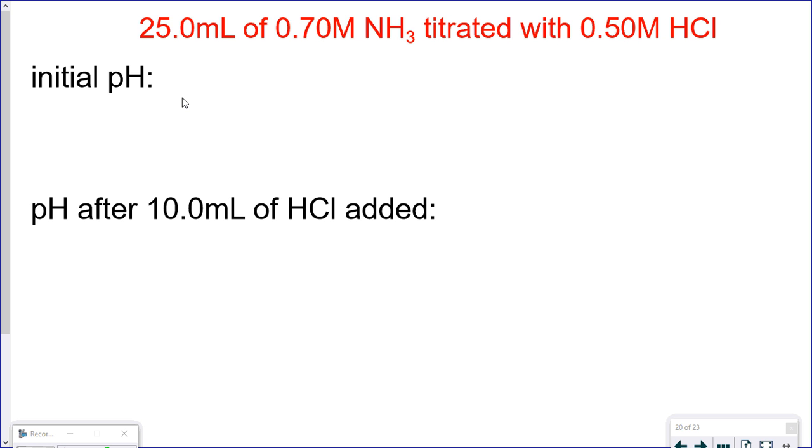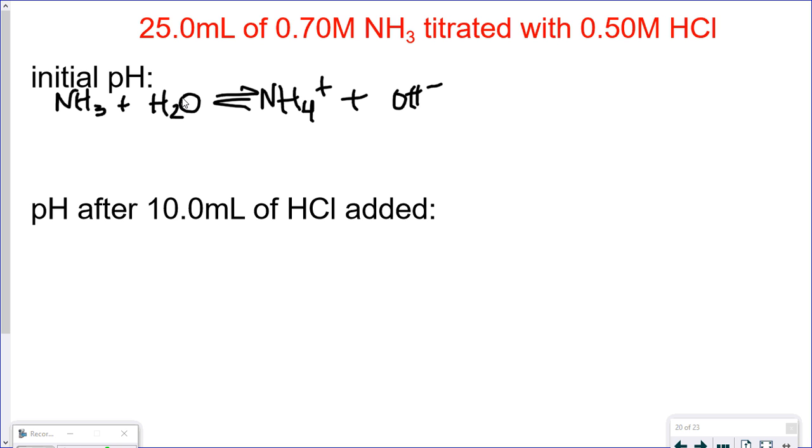We have ammonia in water, producing ammonium and hydroxide.